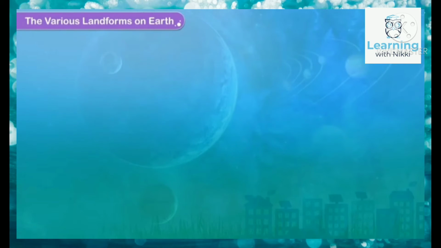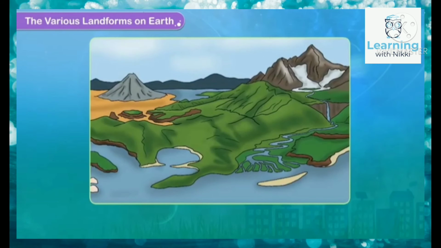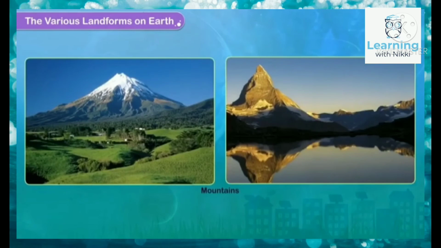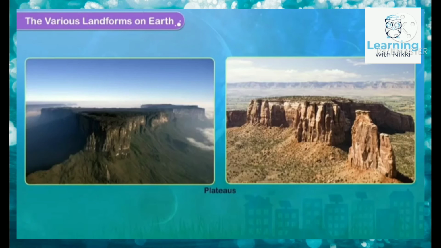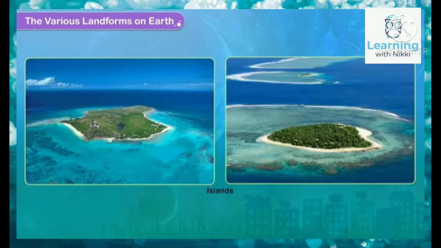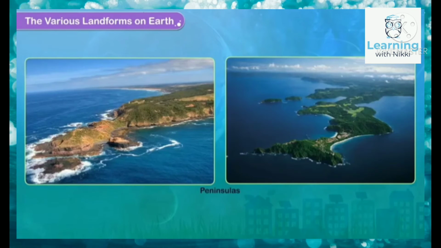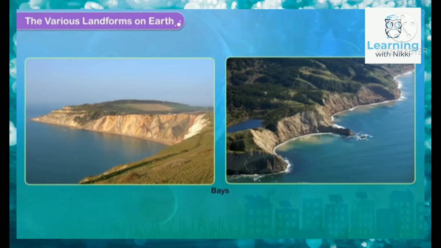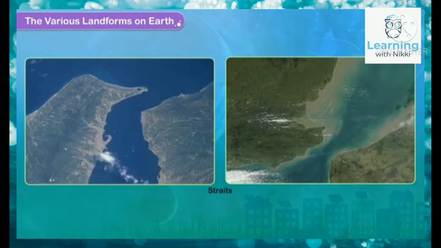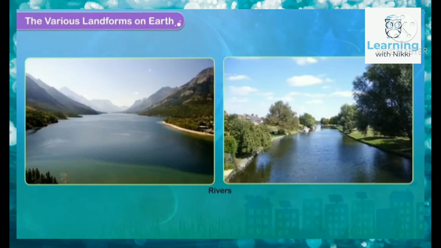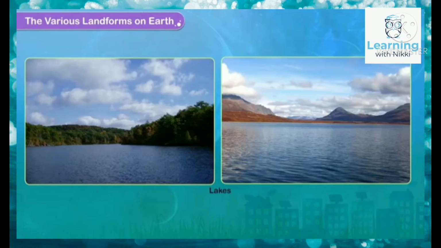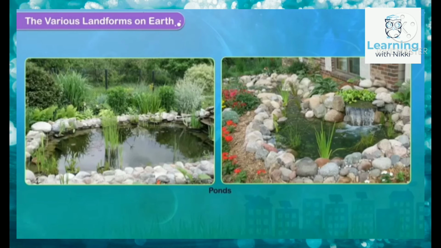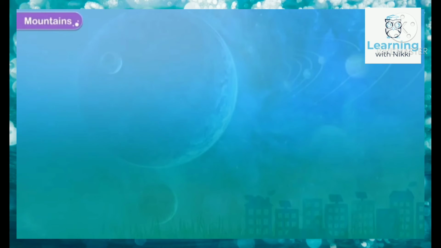Let us study the different landforms on earth, namely mountains, plateaus, deserts, islands, peninsulas, seas, bays, straits, isthmus, rivers, lakes and ponds. Mountains.